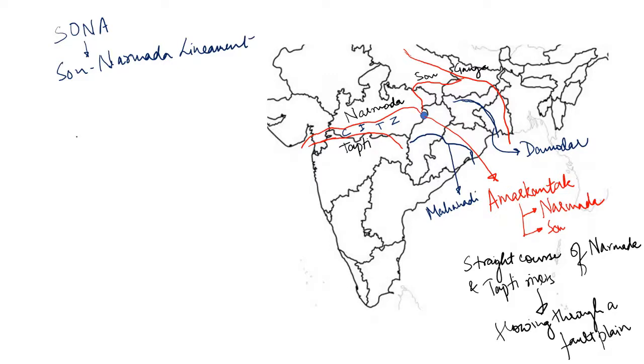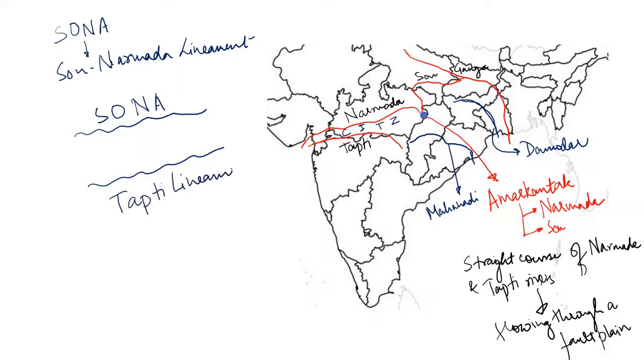So if we consider this as the Son Narmada lineament, and this is the Tapti lineament, the region lying in between these two rivers is the Central Indian Tectonic Zone.